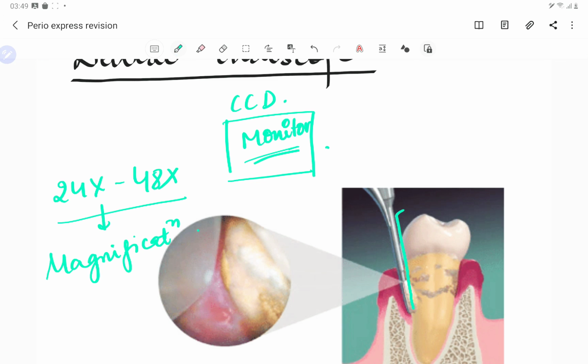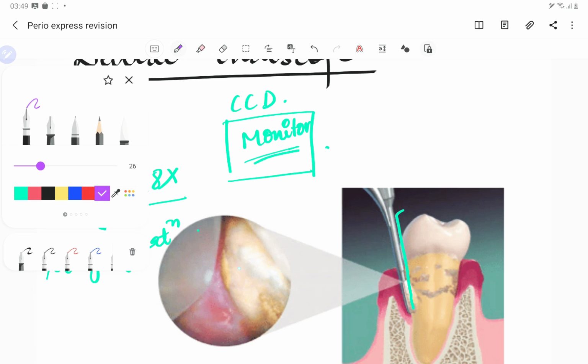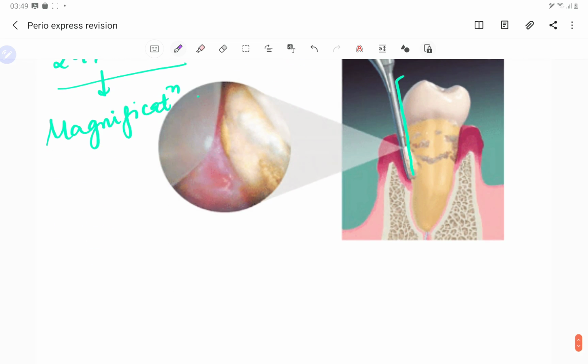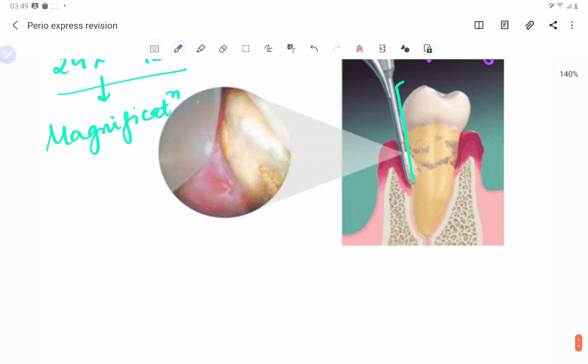So guys, this is a perioscopy system, which has a fiber optic cable, and this fiber optic cable is 0.99 millimeters.